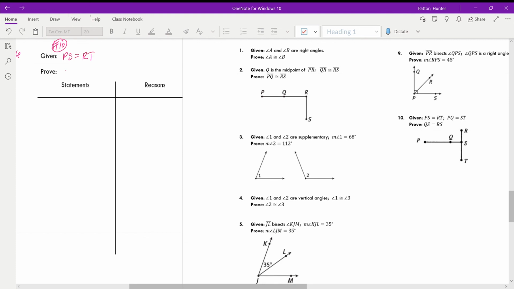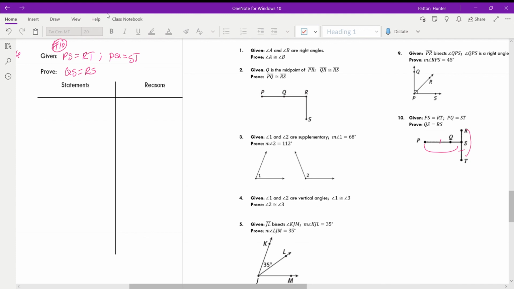And then also the length of PQ is equal to the length of ST. We want to show that the length of QS is equal to the length of RS. So look at our picture. PS is equal to RT. Okay, cool. We know that PQ is equal to ST.